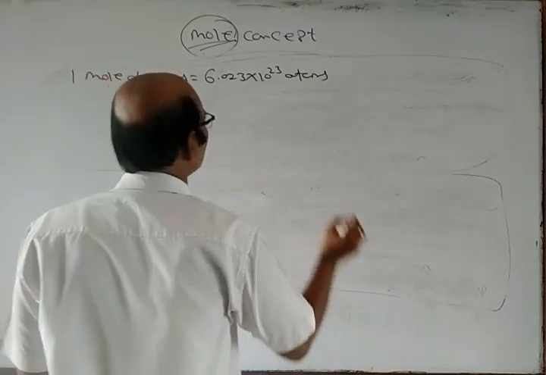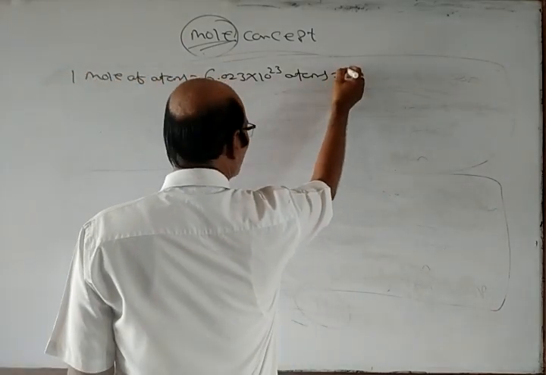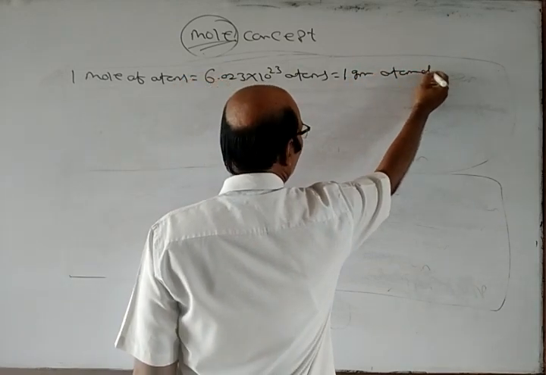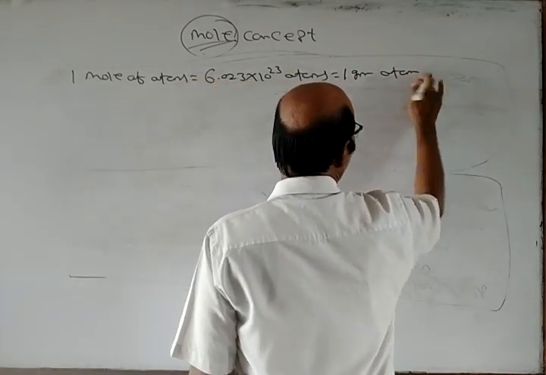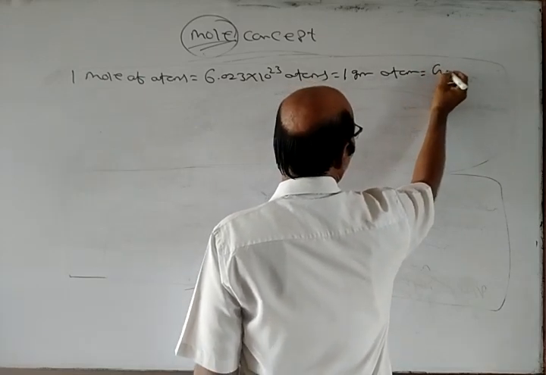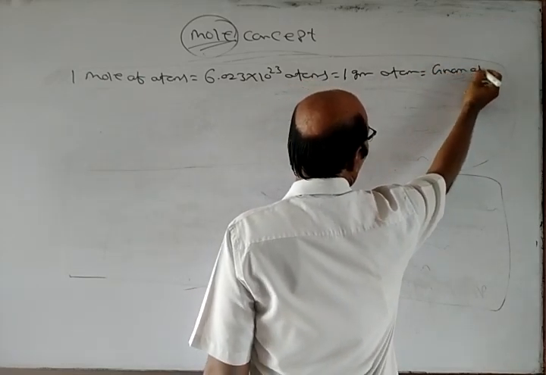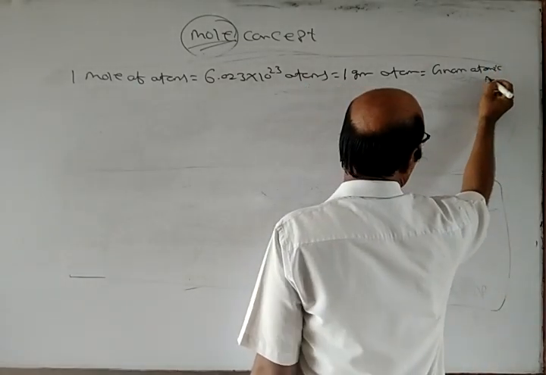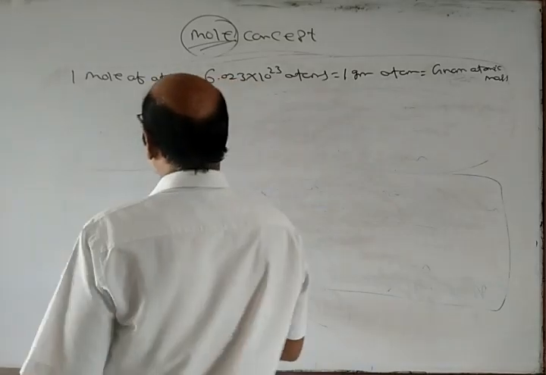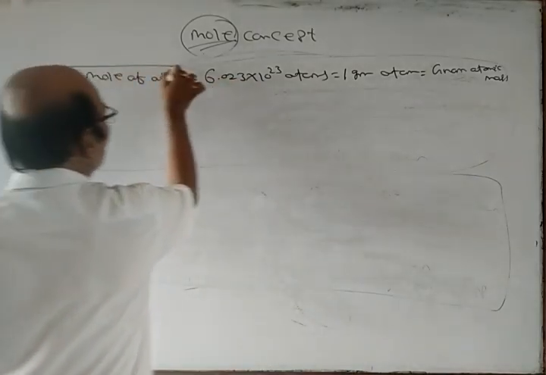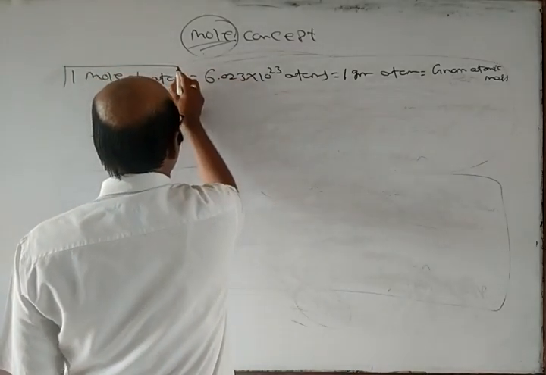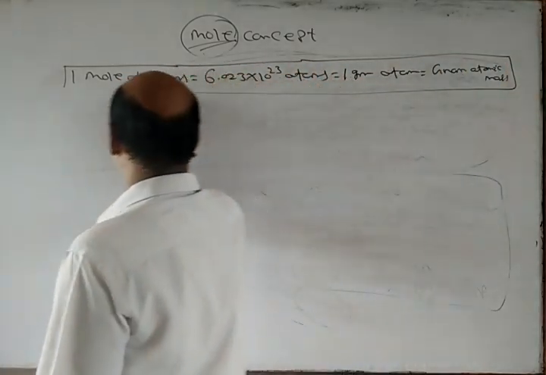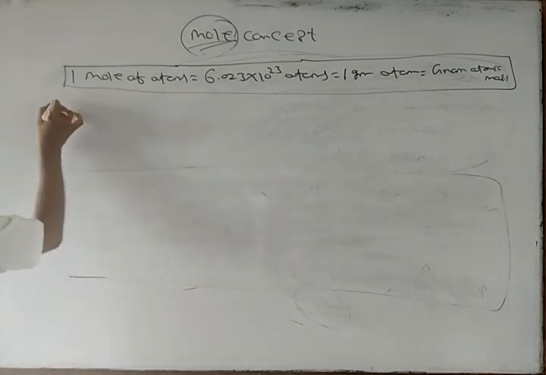This is equal to 1 gram atom, which is equal to gram atomic mass. So 1 mole of atom is equal to 6.023 into 10^23 atoms, and 1 gram atom equals gram atomic mass.